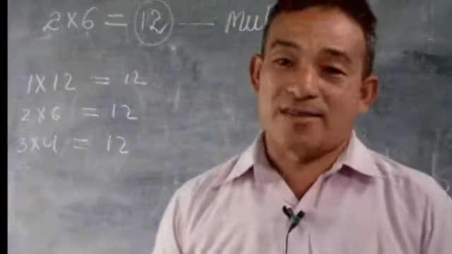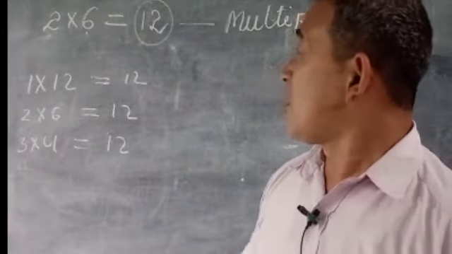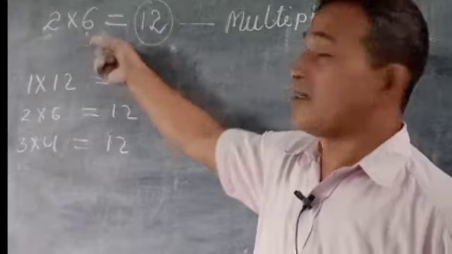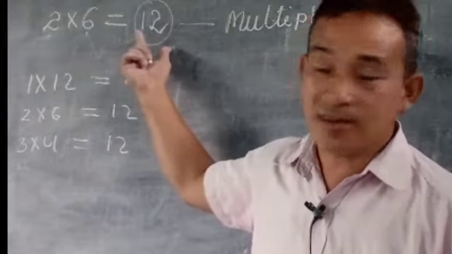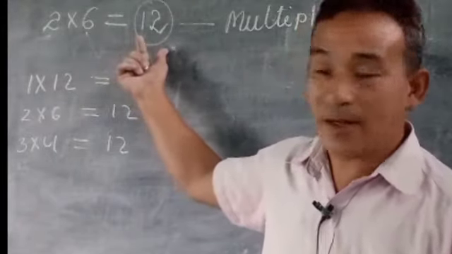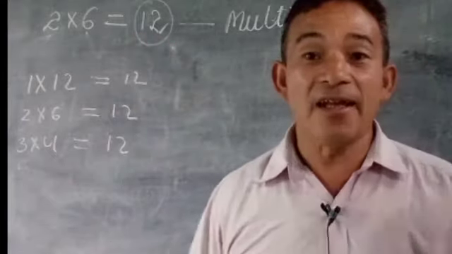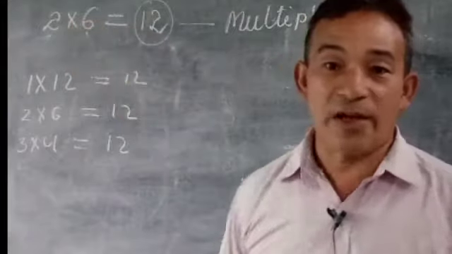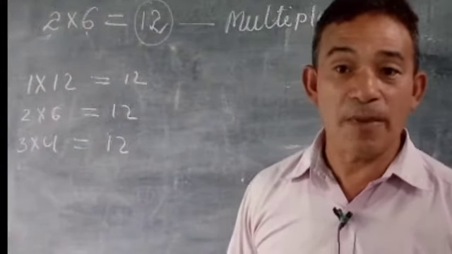My question was, are 2 and 6 factors of 12? Yes, 2 and 6 are factors of 12. Are there any numbers besides 2 and 6 as factors of 12? There are so many.